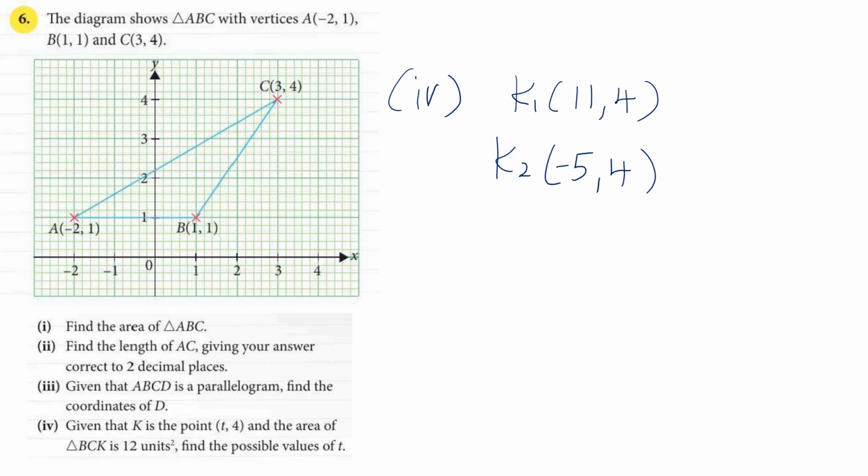Okay, so let's go back to the question. The question says, find the possible values of t. Right, so I have not answered the question asked. I'm basically just writing down the coordinates of different positions of K. So to answer the question asked, I should present it in this way. Therefore, t can be negative 5 or 11.